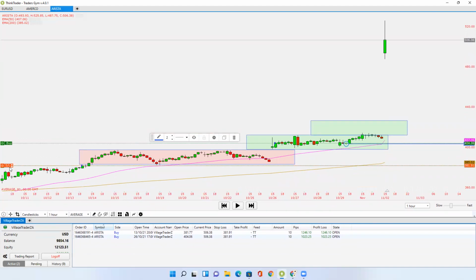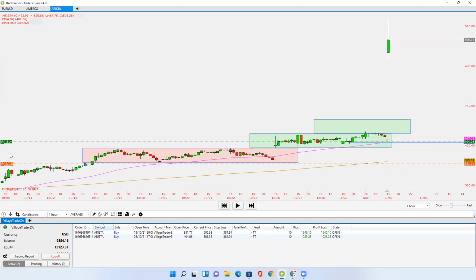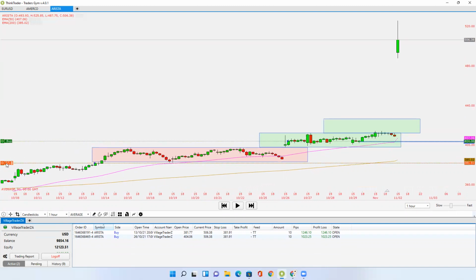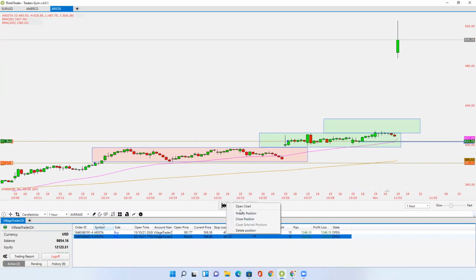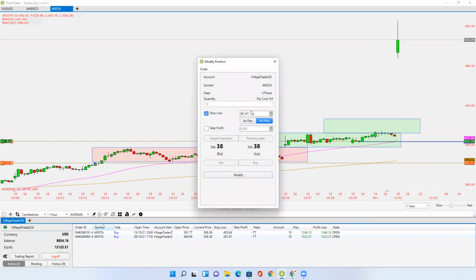I'm going to be a bit cautious, trying to understand what is happening. This is probably a corporate action or something. So just as soon as he got off, this thing started to rally.